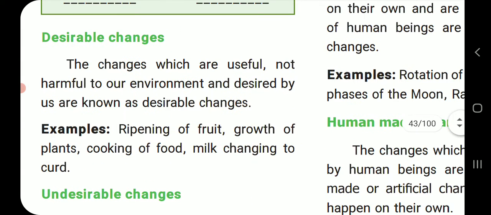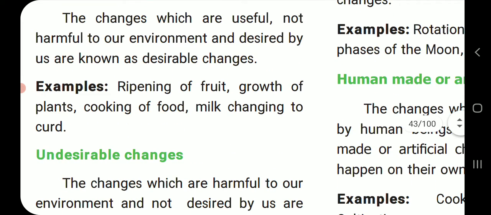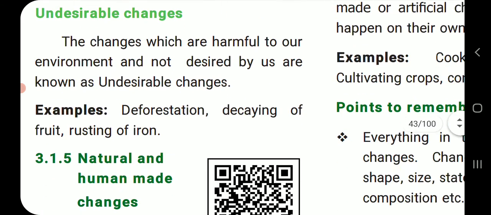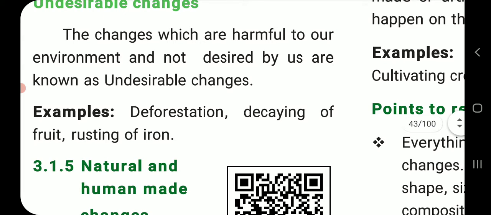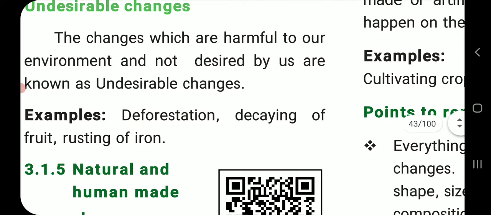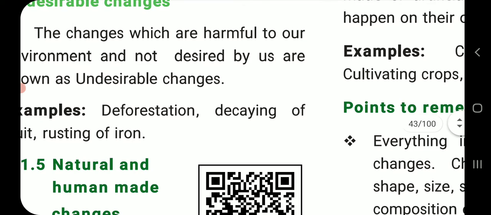These are desirable, which we expect to happen. They are useful. Coming to undesirable change: cutting down trees, decaying of fruit, rusting of iron, molds getting formed on bread. These are undesirable changes.